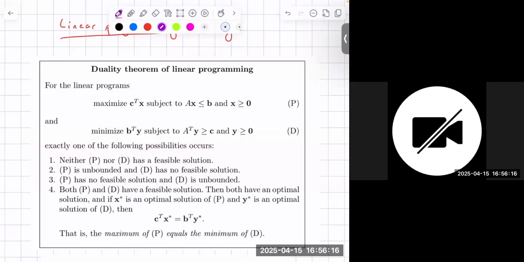So one intuitive way to remember this is like the following. If this is satisfied, if you multiply left and right with a vector y, you would get y transpose A times x less than y transpose b, something like that. Okay. And b transpose y will show up as the maximization thing.